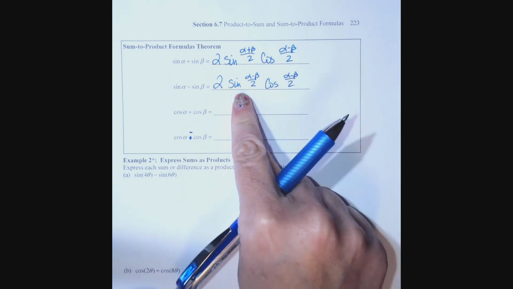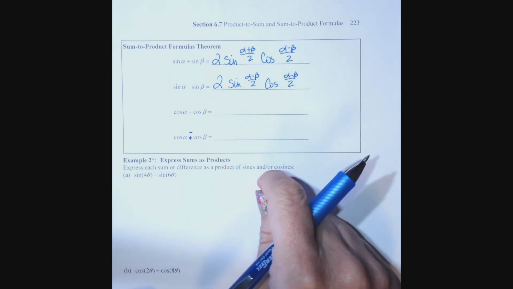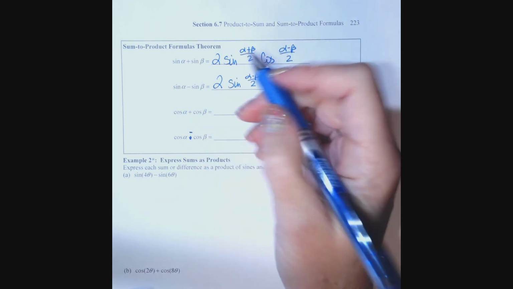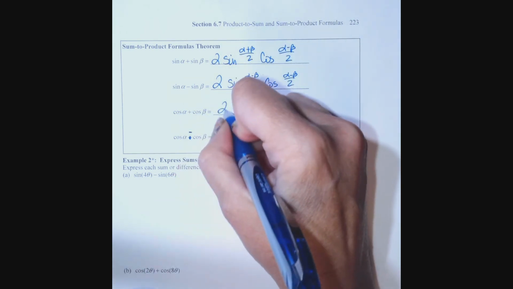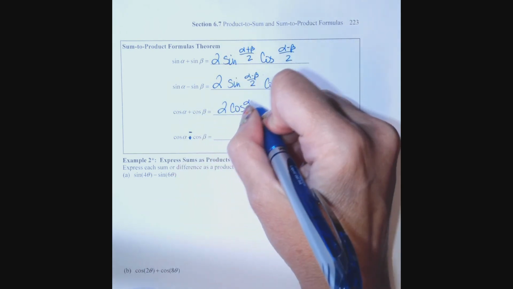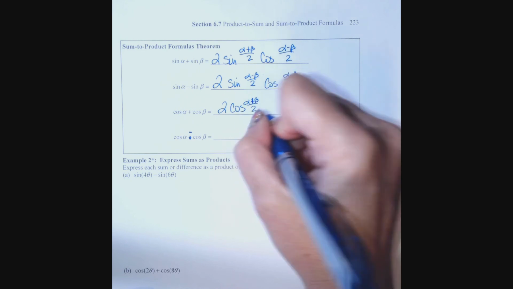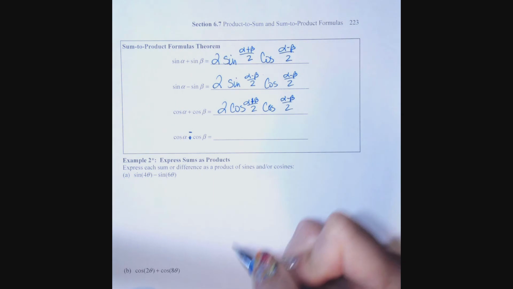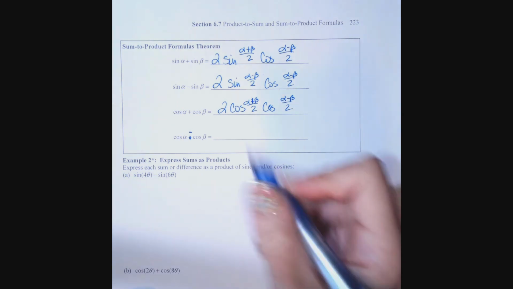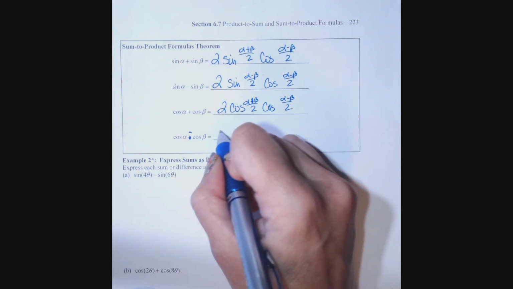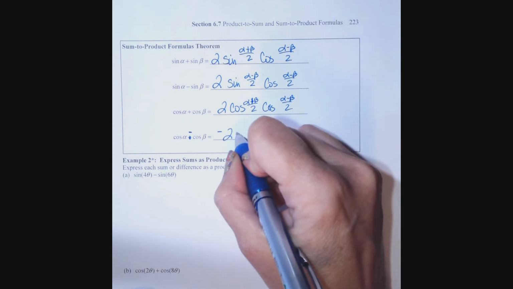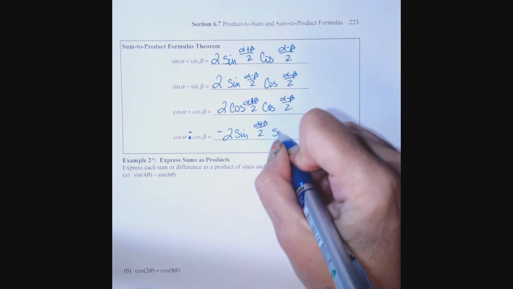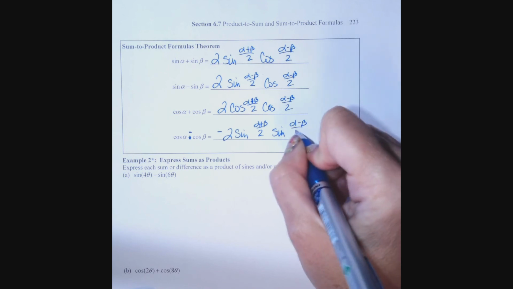So we switched those arguments from the previous one. Cosine alpha plus cosine beta, we have 2 cosine, half the sum, cosine, half the difference. And then finally, cosine alpha minus cosine beta is a negative 2 times the sine of half the sum times the sine of half the difference.